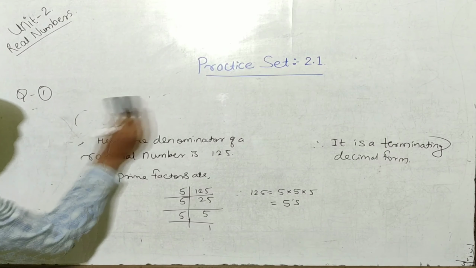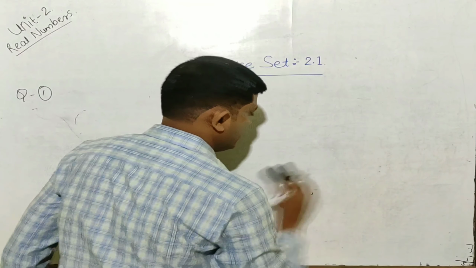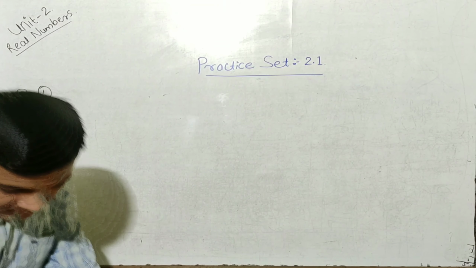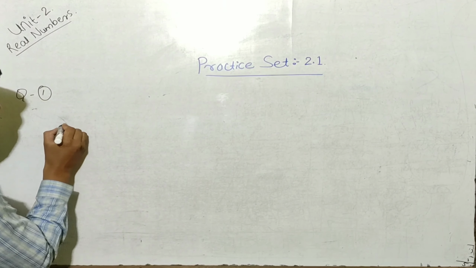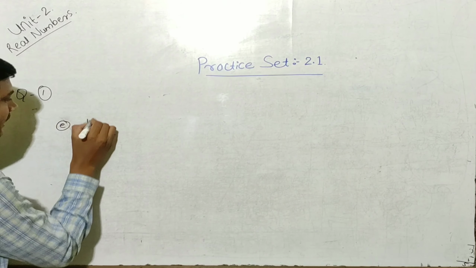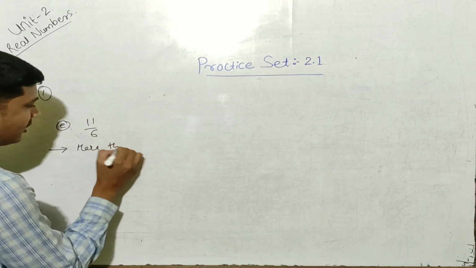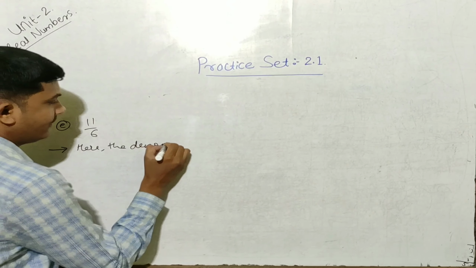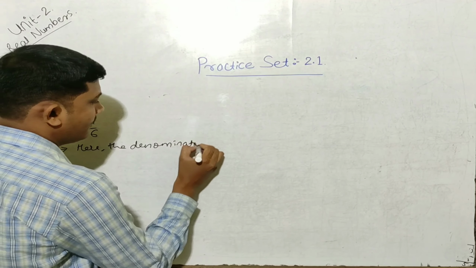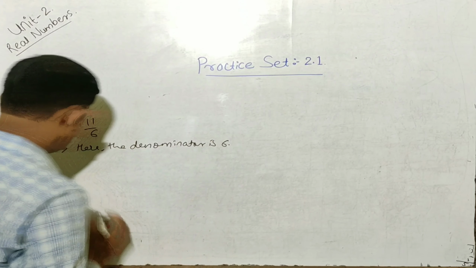Last question of the first set, that is E, 11 upon 6. Here the denominator is 6.